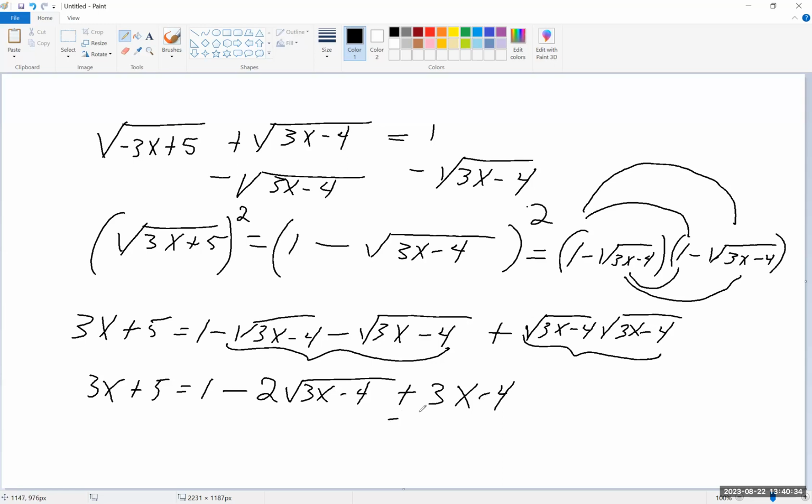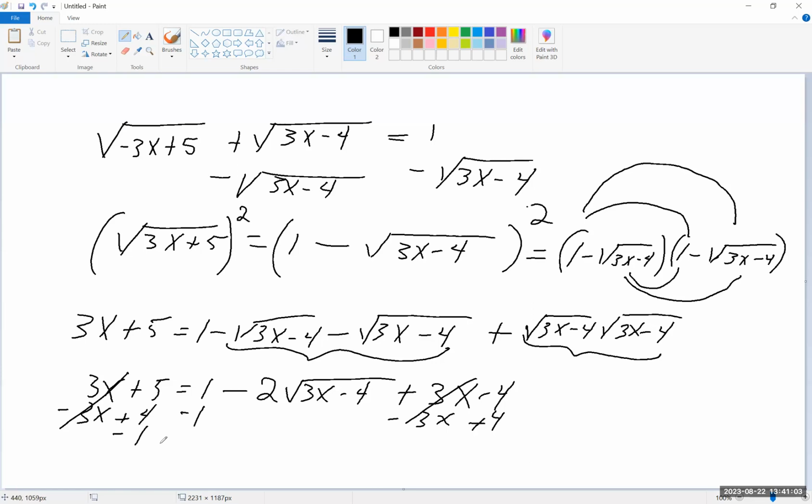Now I'm going to take away 3x from both sides. Those cancel. I'm going to add 4. And I might as well take away the 1, because I'm really running out of space here.